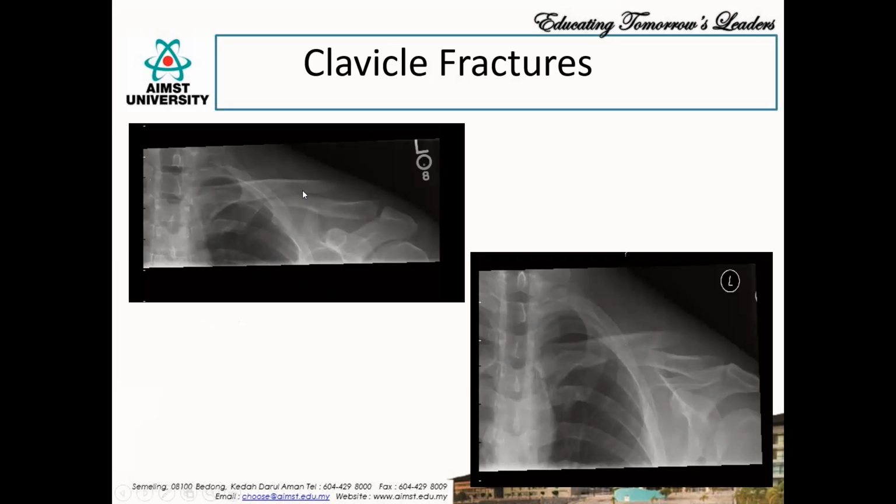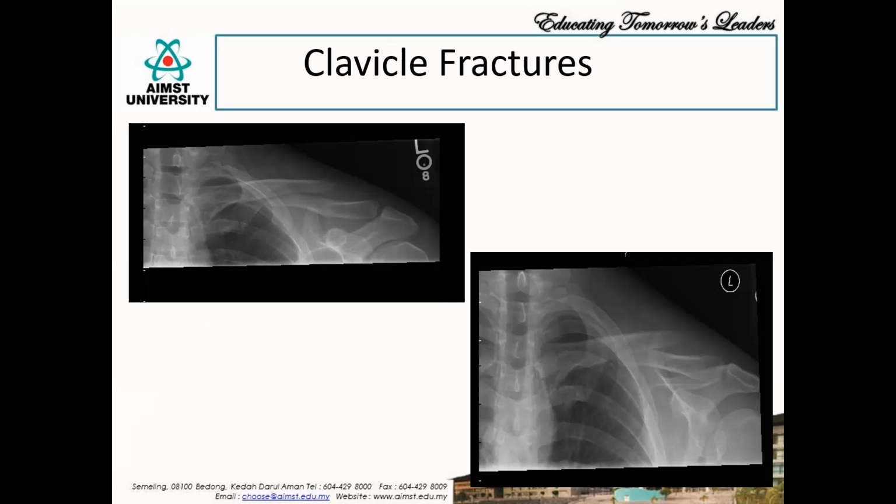So you can see the gap, right? This is the clavicle fracture, in the middle third. We divide the clavicle into proximal one third, distal one third, and middle one third. The most common one is the middle third fracture, and then the lateral or distal end, because the clavicle is different in arrangement, right?